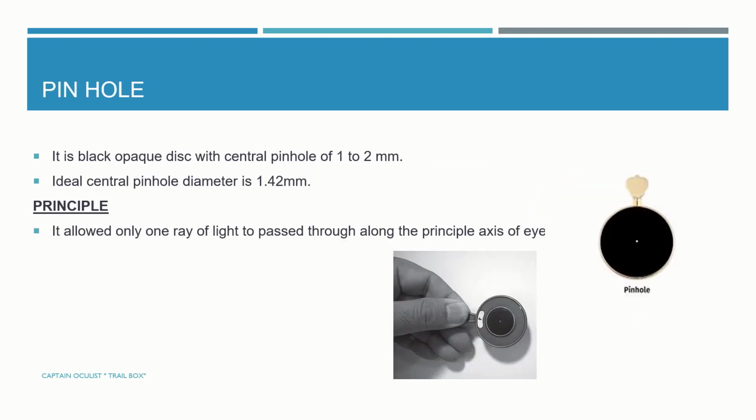We have pinhole. In a refractive error, the scattered beams of light are not refracted correctly onto the retina. This creates a blur circle on the retina.